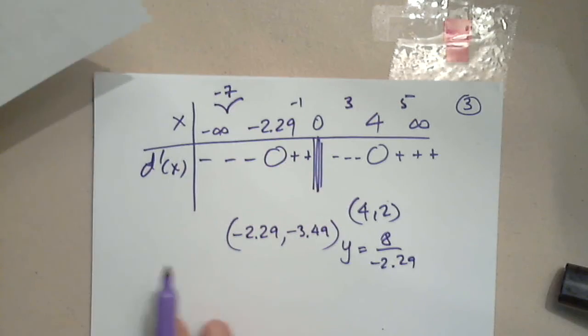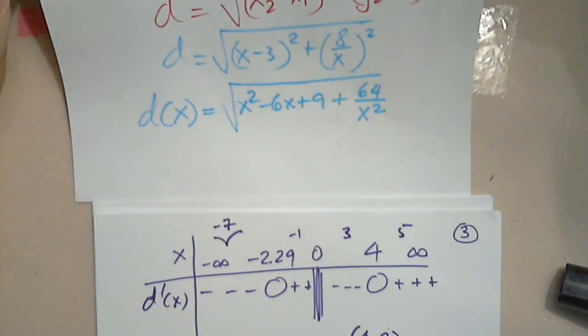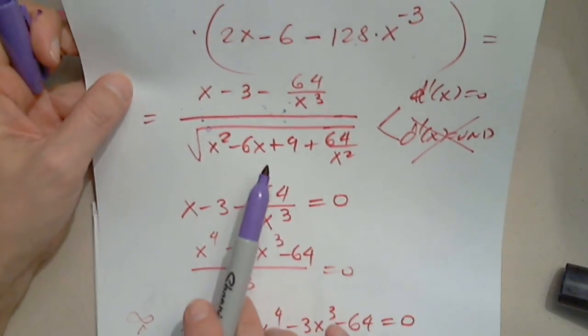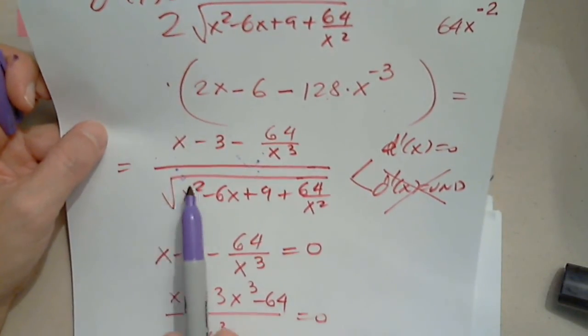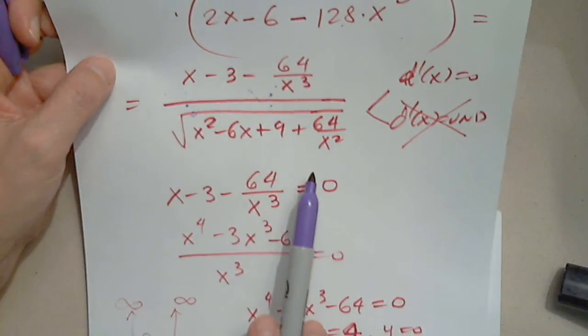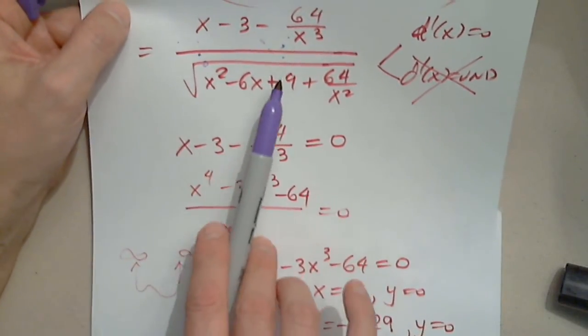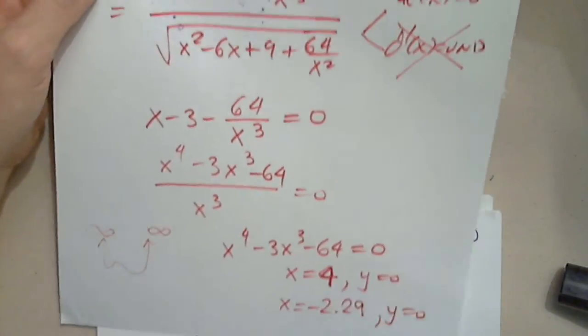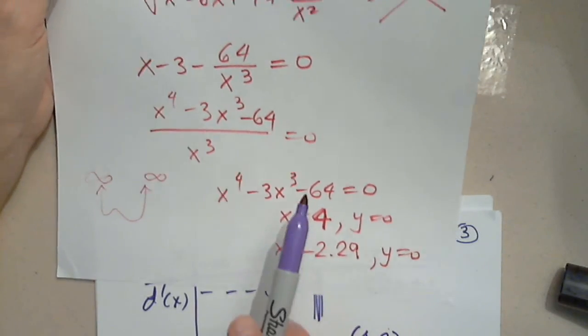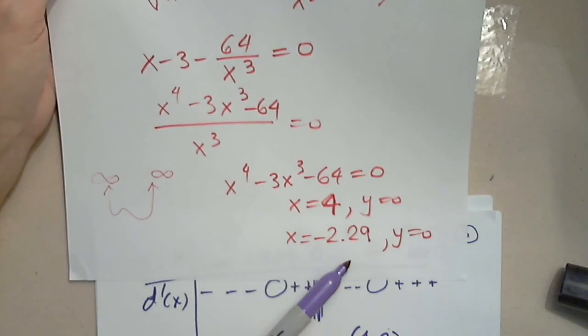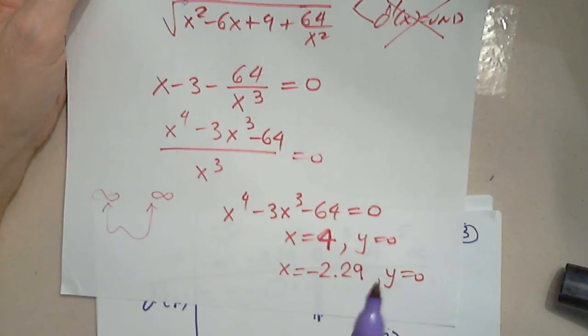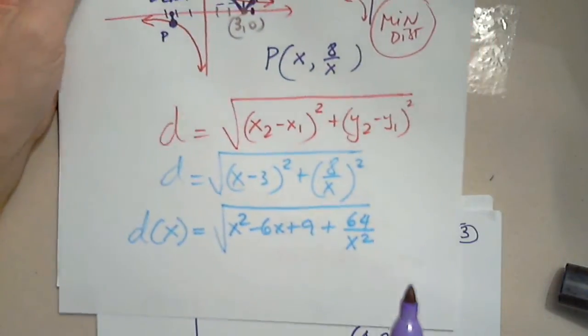But let's analyze what happens here. So we study the sign of the derivative. The derivative was just this. I'm just making sure that I didn't miss anything. So we solve the equation. Okay, did I put x cubed? I put x cubed in the denominator.